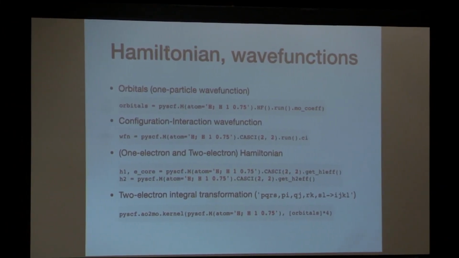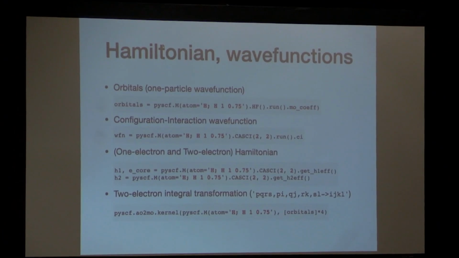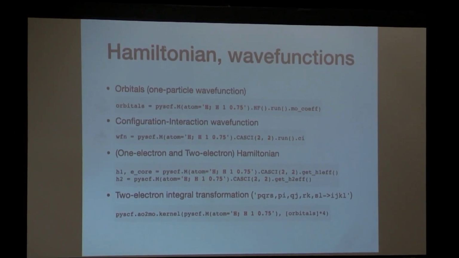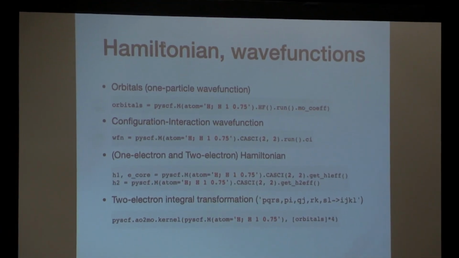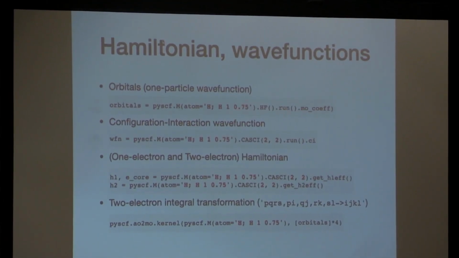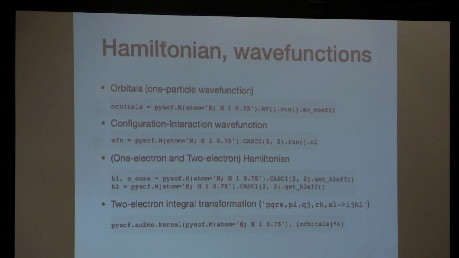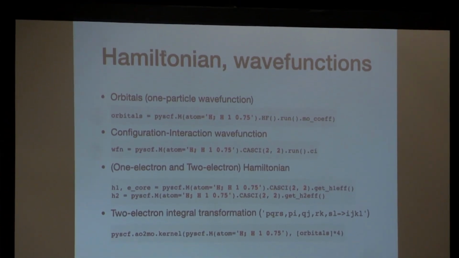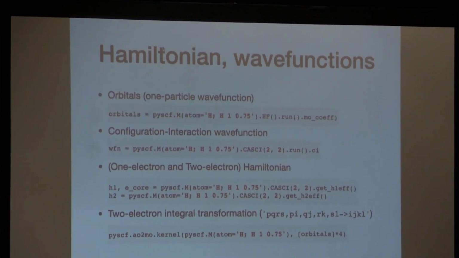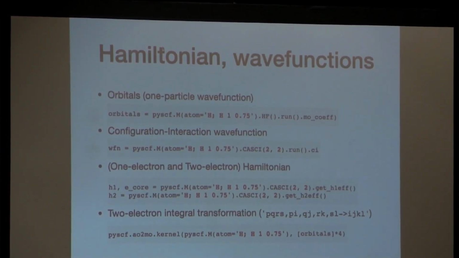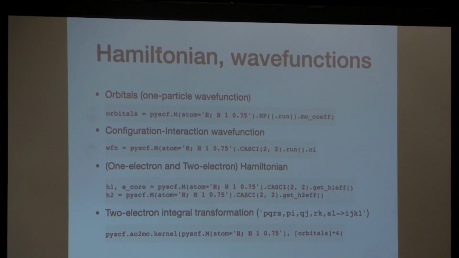And of course, you can access the configuration interaction wave function. That's a more advanced concept in quantum chemistry that brings more physics into the wave function. In this example, you can see that accessing the configuration interaction wave function is just another line of code.